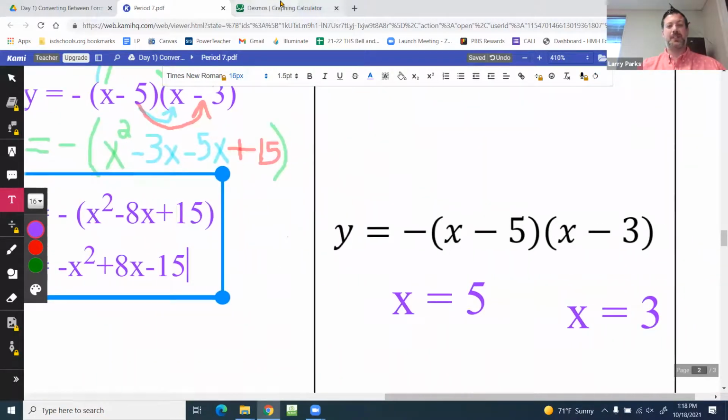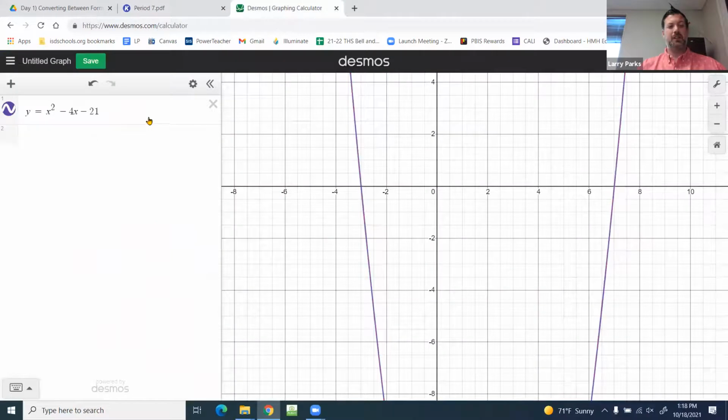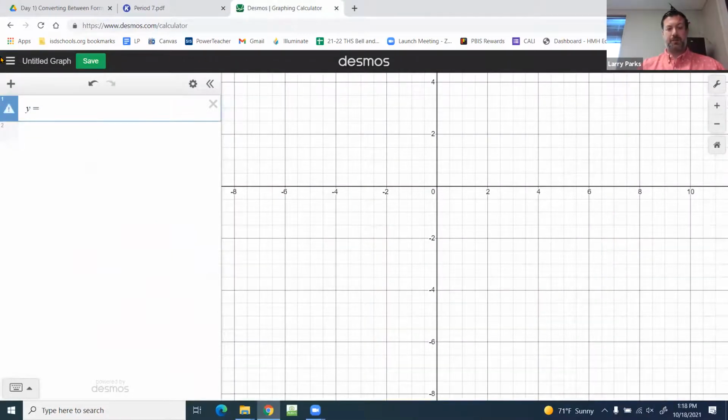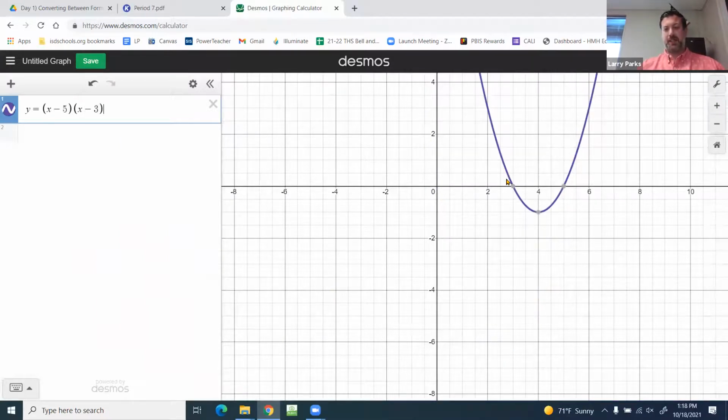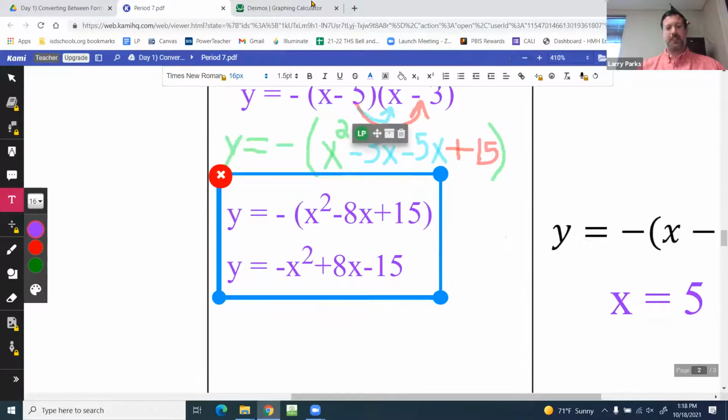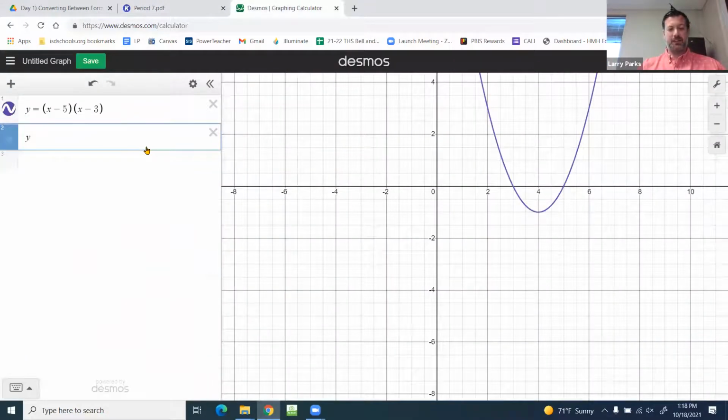Let's go ahead and type this in. Notice my intercepts are 3 and 5. I type this in, -x squared plus 8x minus 15.